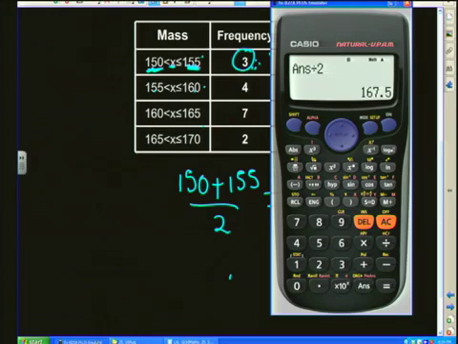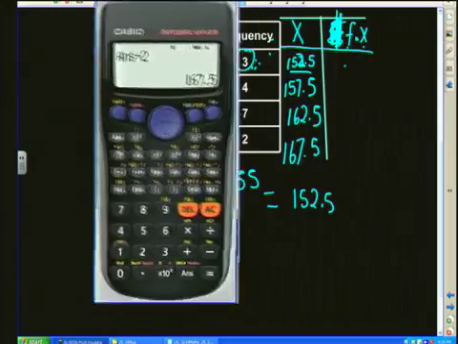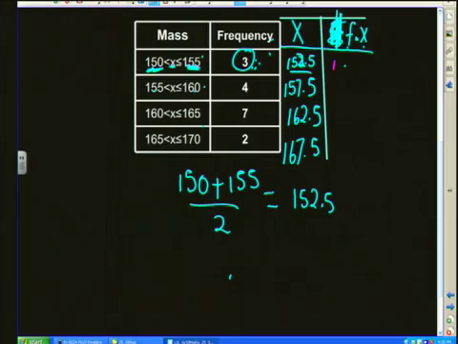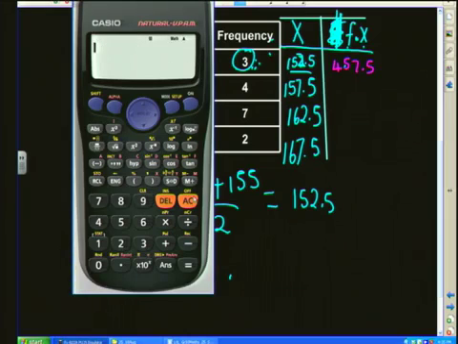Okay. So we've got first one, 152.5 times 3. That gives us 457.5. Okay, your next one is going to be 157.5 times your frequency, which is 4.